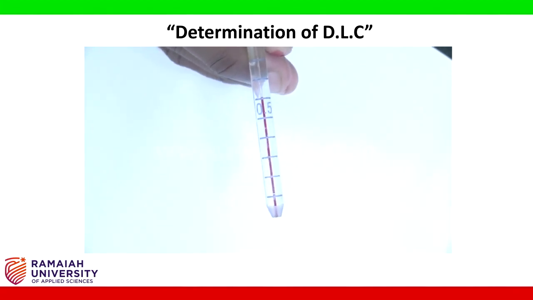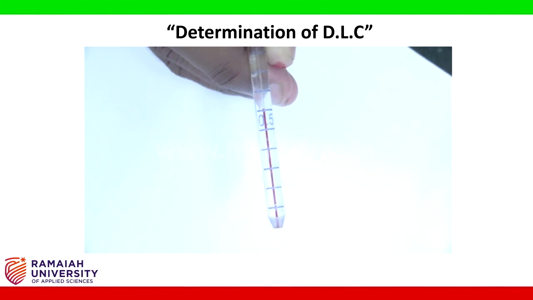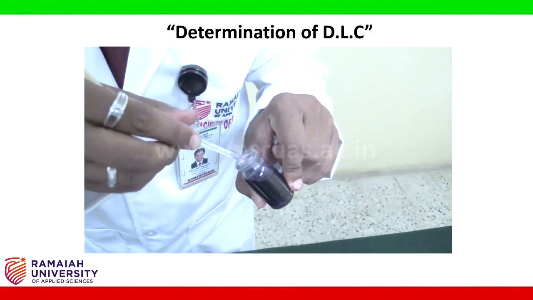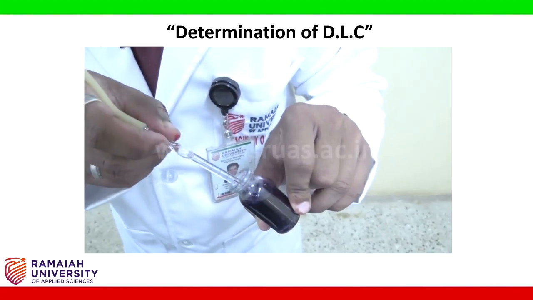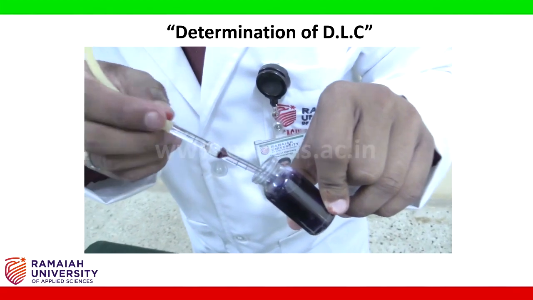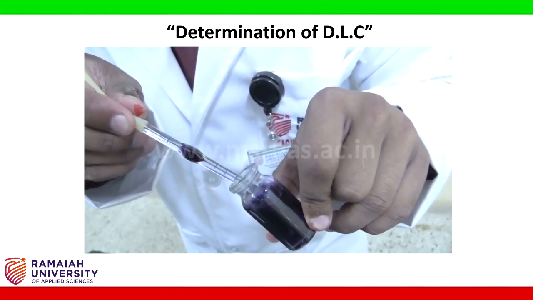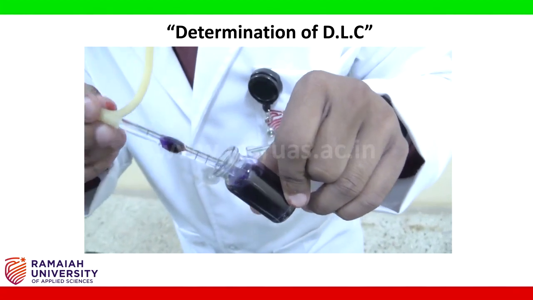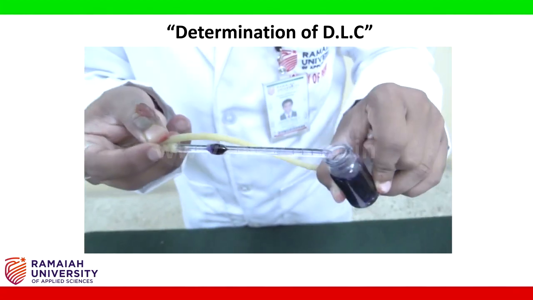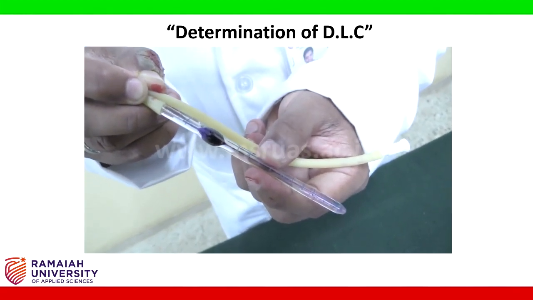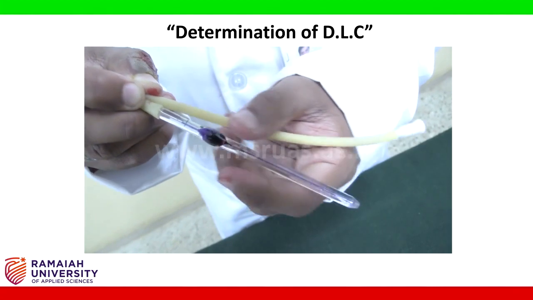Now dilute it with diluting fluid, that is Turk's diluting fluid, up to the mark 11. Now as you can see, the diluting fluid is sucked up to the mark of 11.